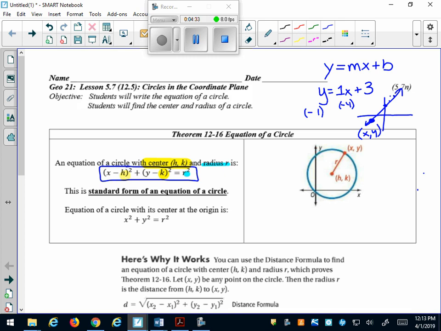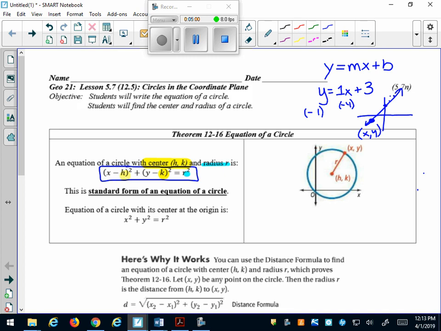The reason it looks like the distance formula is because both of those things, the distance formula and the equation of a circle, are derived from the same theorem. What theorem's that? The theorem that we all forgot. Something squared plus something squared equals something squared. Pythagorean theorem. Oh, that's awesome.